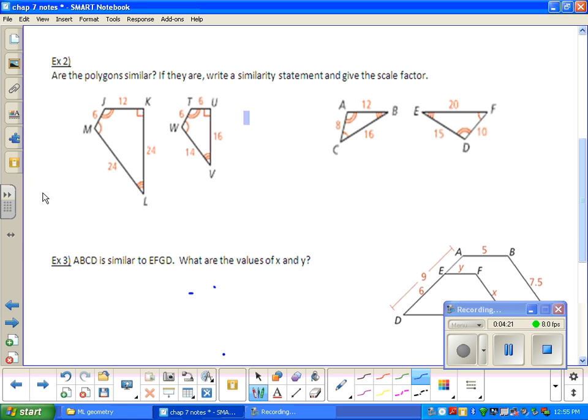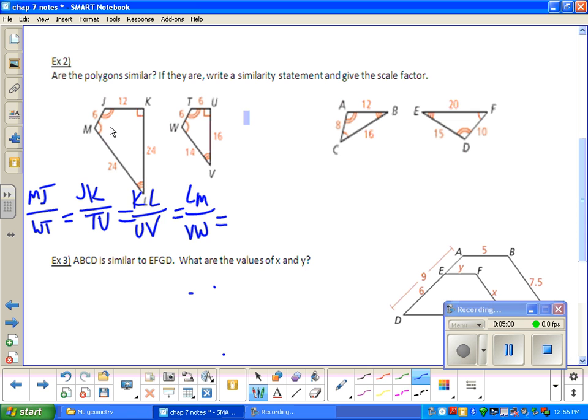So remember, that means that I would say MJ over WT equals, and then I would say JK over TU equals KL over UV, and then LM over VW, and that's it.